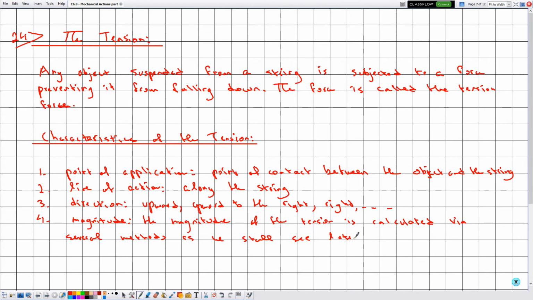One of the methods is Hooke's law to determine the tension in a spring, not a string, and the condition of equilibrium, which is the vector relation. And now let me give the following example.